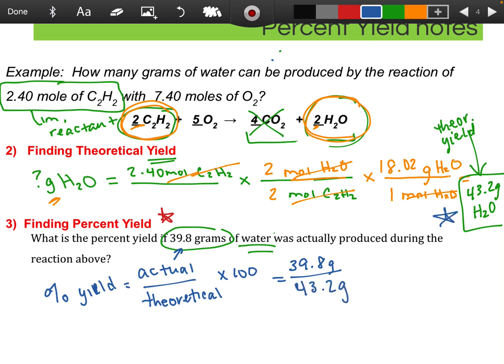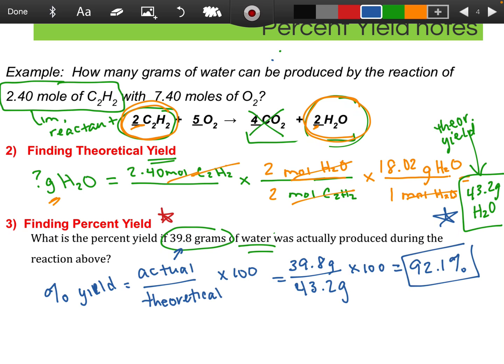We should have gotten 43.2 grams of water, but we only got 39.8 grams of water. And then of course you have to change it to a percent. When you multiply and divide those, you end up with 92.1% yield. So you were able to end up with 92% of your product produced after this reaction, which is a really good percent yield.